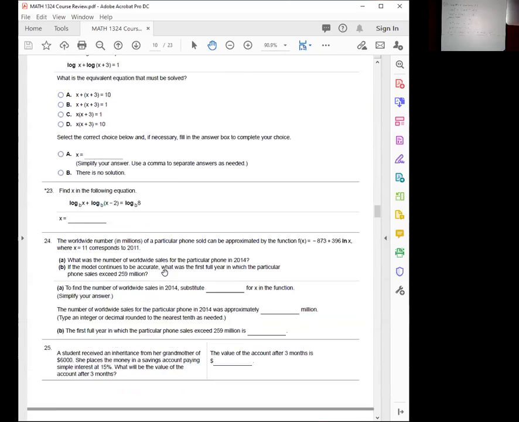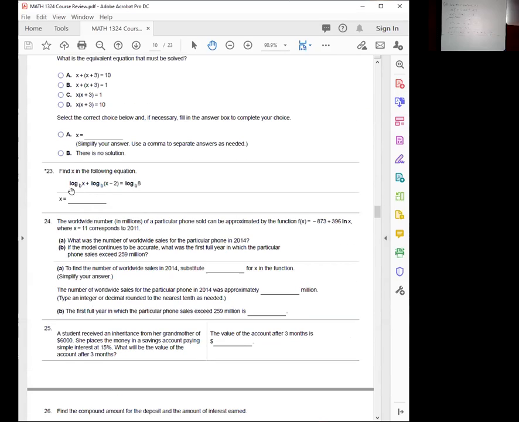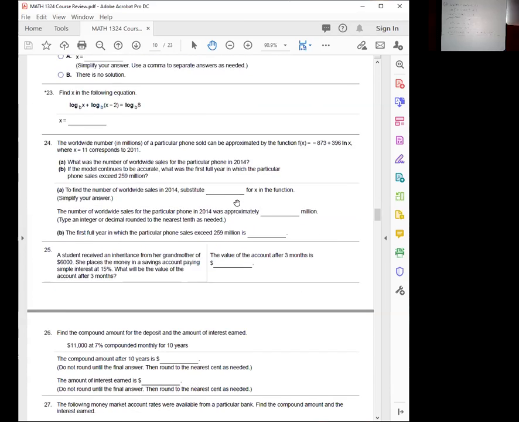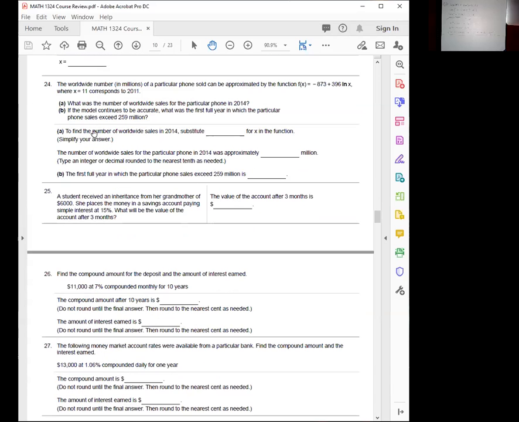All right. 23 is the same. They just use a b instead of 10. 24. Let's see what you think about this one. It says the worldwide number in millions of a particular phone sold can be approximated by this function. 11 corresponds to 2011.